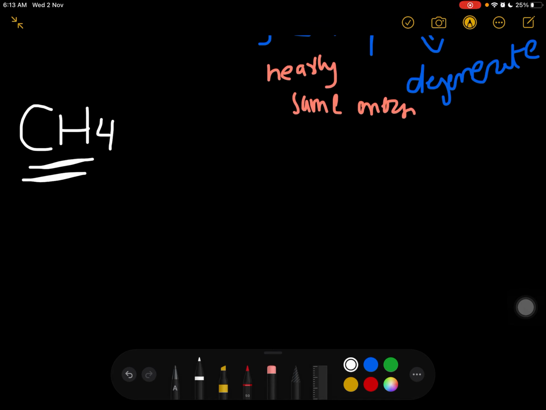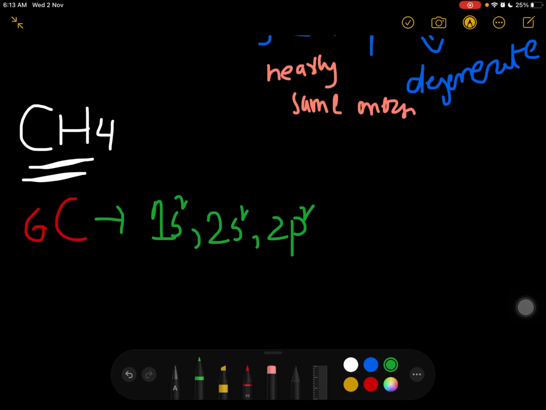CH4, the example which I took to explain VBT. We know the atomic number of carbon is 6. Let's find out the configuration: 1s2, 2s2, 2p2.